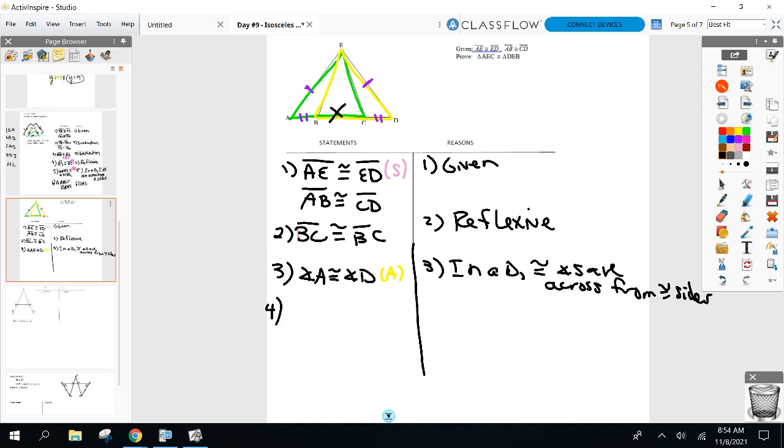AC plus BC is congruent to DB plus BC. Okay, hold on. If I do AC plus BC, I'm getting longer. I don't think I want AC to add to BC. What were the two congruent sides I gave you at the beginning? AB and CD, right? So I want to take AB and add it to BC.